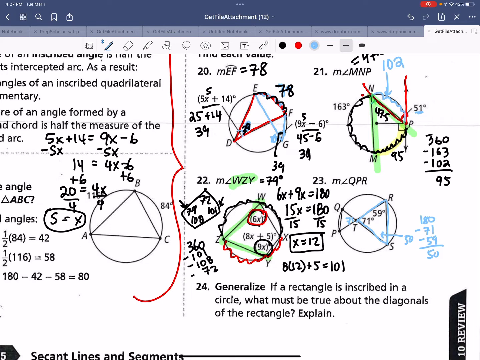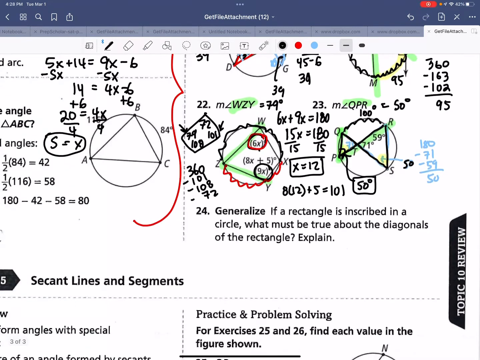Okay, they're asking Q, P, R. Interesting. Well, the tip of the cone, 50, that means that this has to have 100 degrees of snow because the tip of the cone is half the snow, 50. So here, this tip of the cone would also have to be 50 because they share the same snow. So my answer is 50.